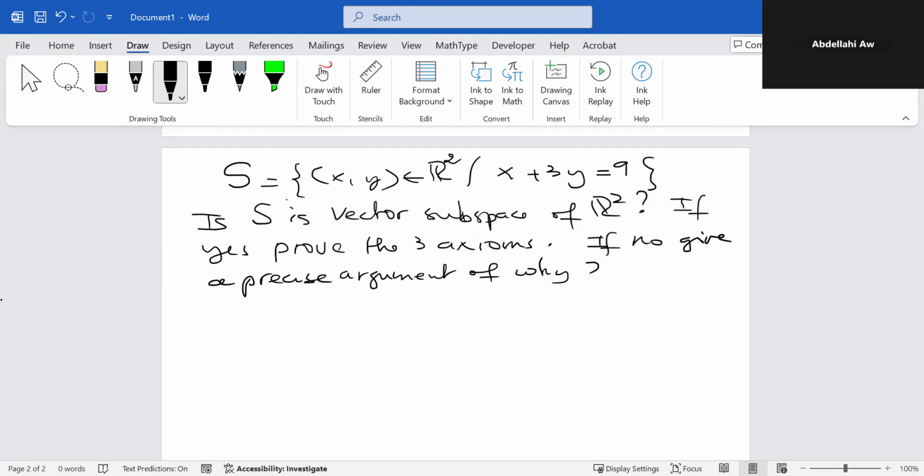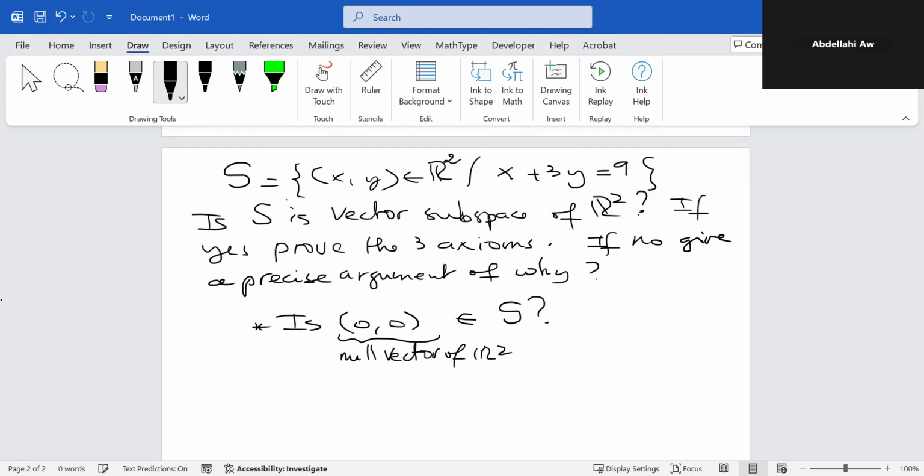So here, we feel like this one is not a vector subspace. Now, we can give many, many examples. For instance, one of the reasons it's not a vector subspace is, we ask this question: is (0, 0), which is the null vector of R2, an element of S?